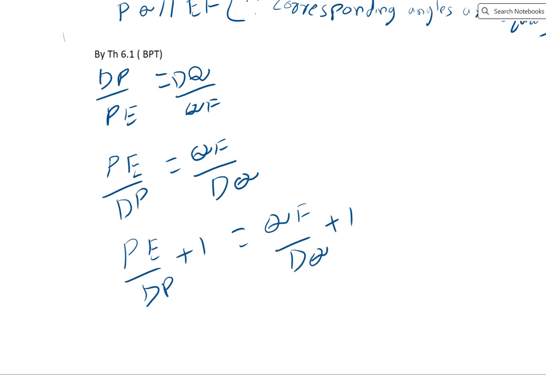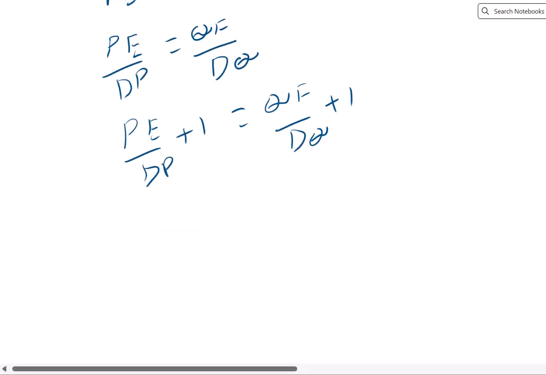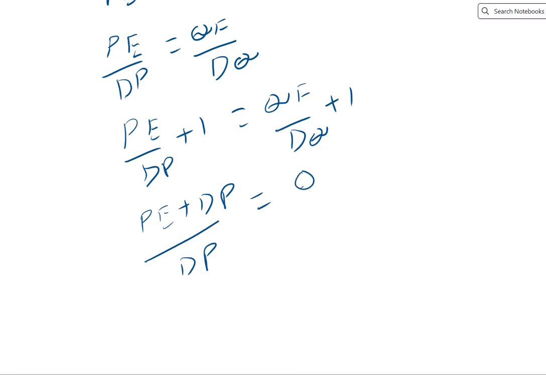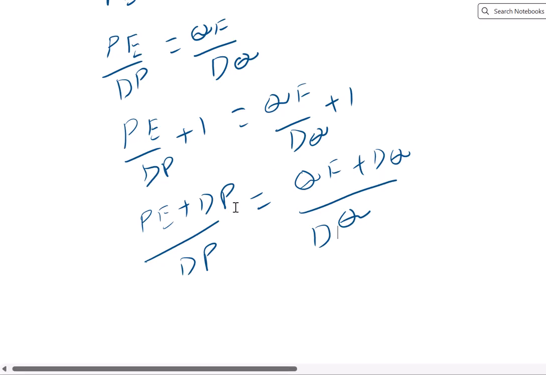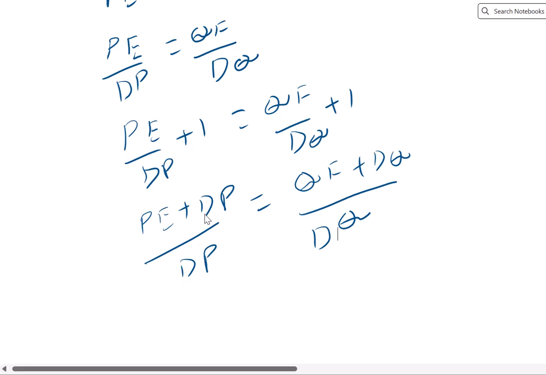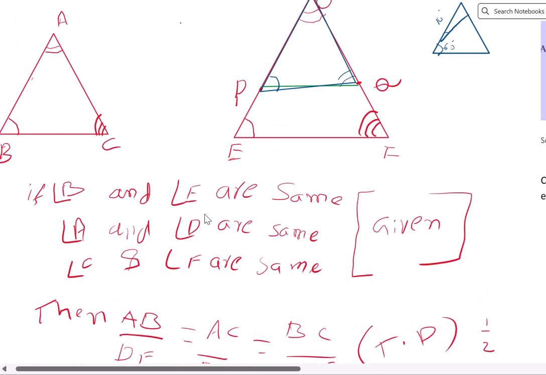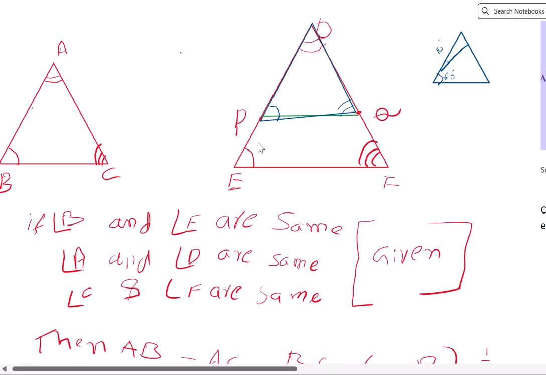Now what can we do next? Now we can say PE plus DP by DP upon DQ plus QF by DQ. Now after arriving here, go back and see what PE plus DP is.